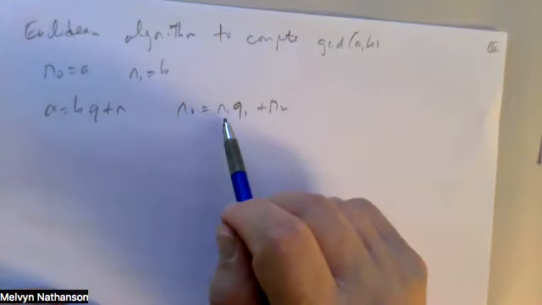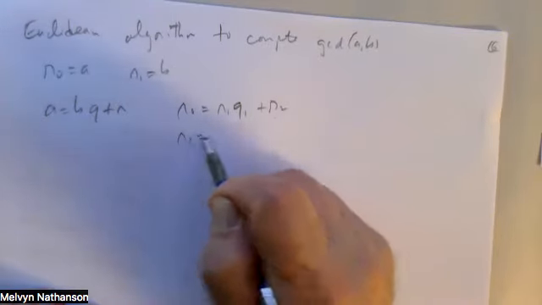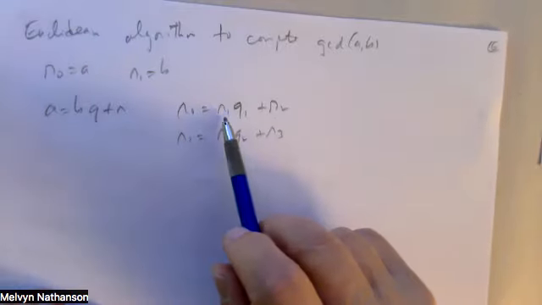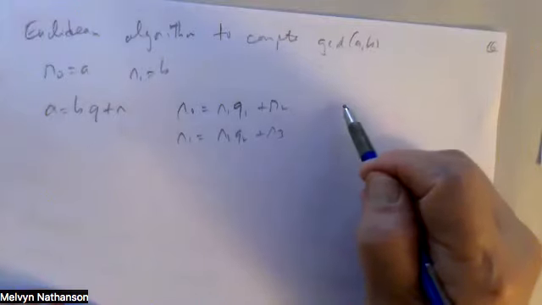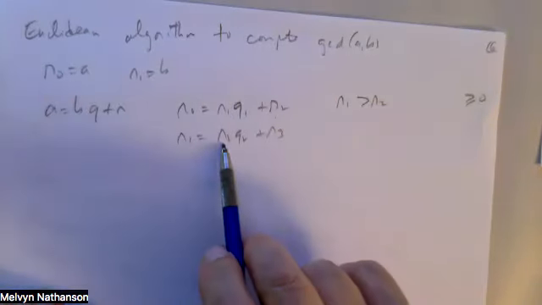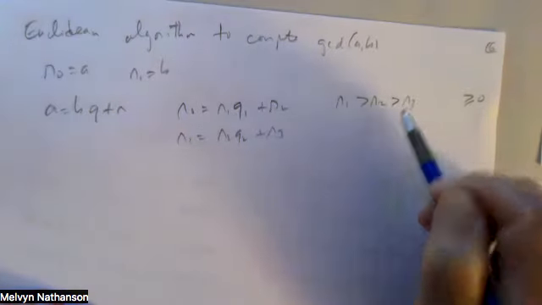And each step, you take your last remainder and divide it by the newest remainder. So R1 is R2 Q2 plus R3. Now, when you divide R0 by R1, the remainder R2 is smaller than R1, greater than or equal to 0 always. When you divide by R2, the remainder R3 is strictly smaller than R2.